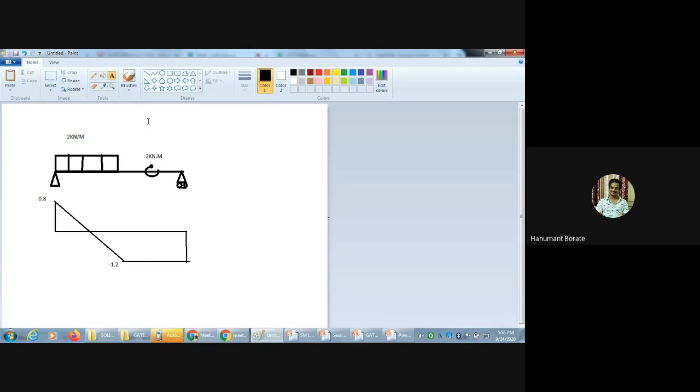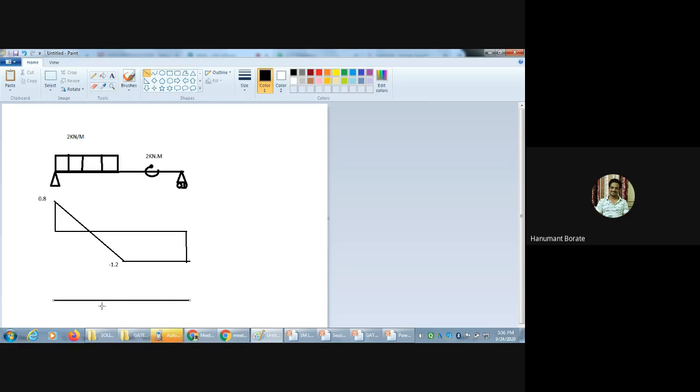Okay, then the bending moment diagram. I will show how to calculate the point of contraflexure. For that purpose only, I am copying this SF diagram and bending moment diagram.